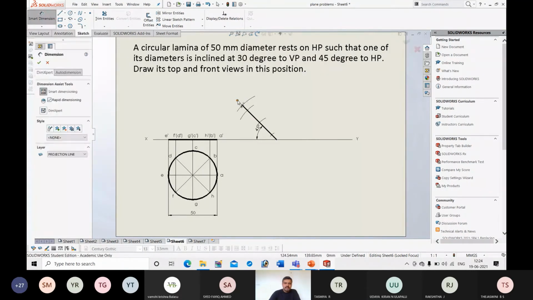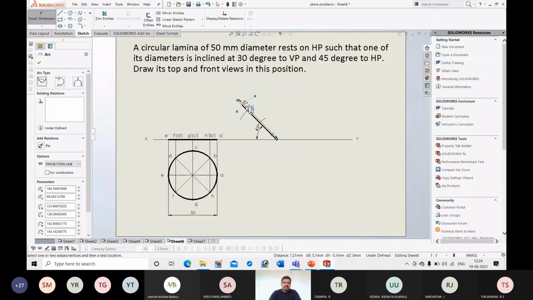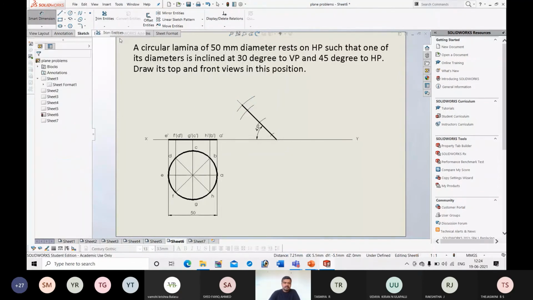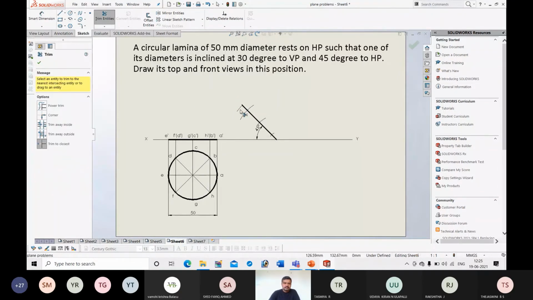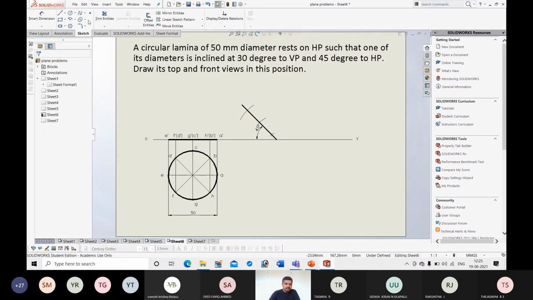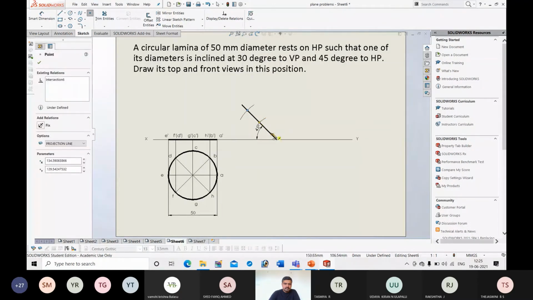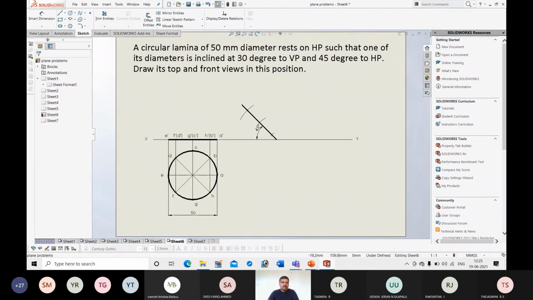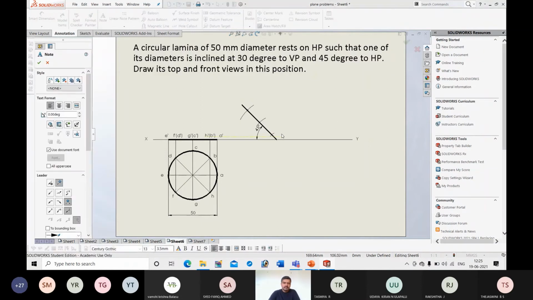If they are thick, you should erase the remaining construction lines. Next, I will name these points.